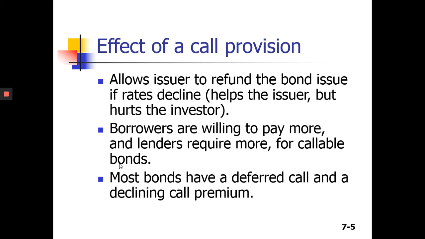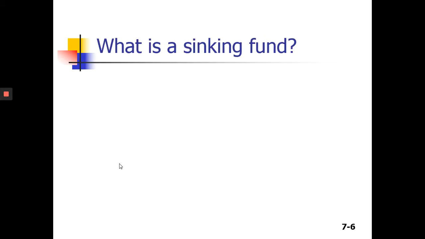So then we will discuss certain provisions which are given in the bond contract. For example, call provision, which gives the right to the bond issuer to call back the bond prior to its maturity, and sinking fund provision, where the bond issuer can redeem a certain percentage of the bonds every year.